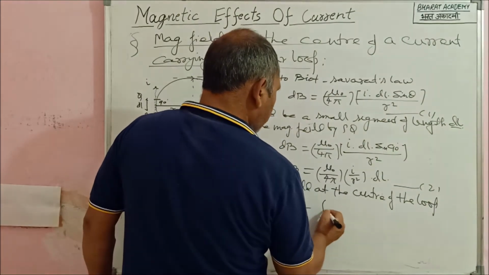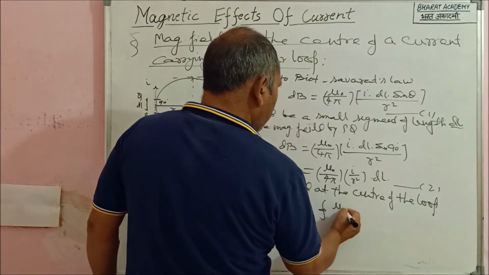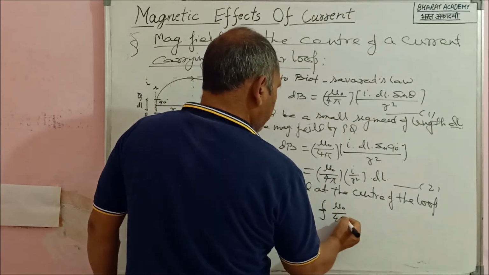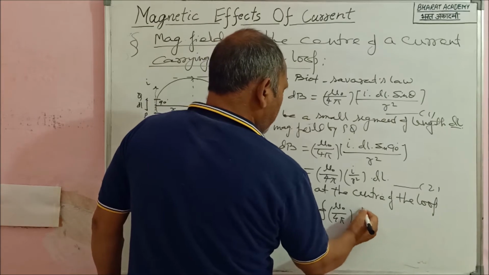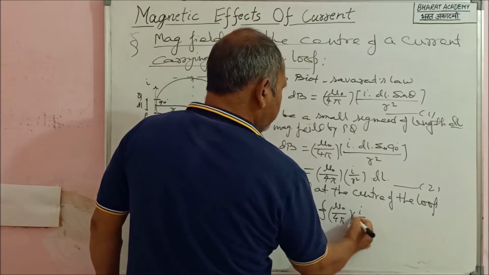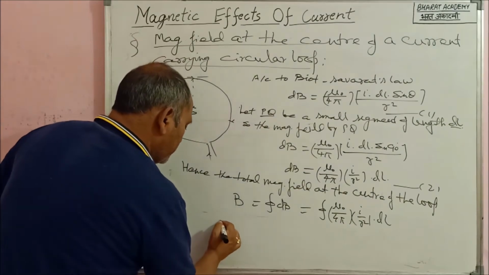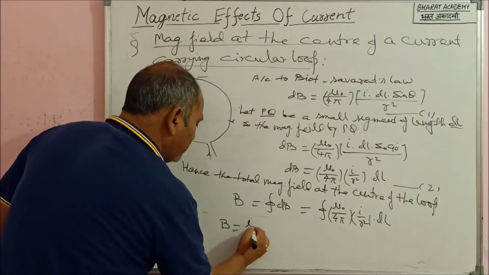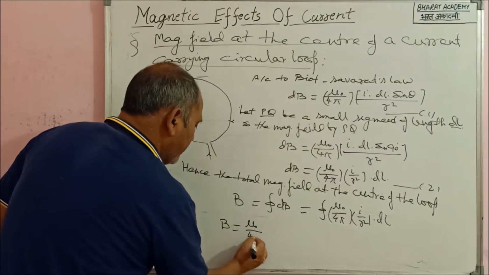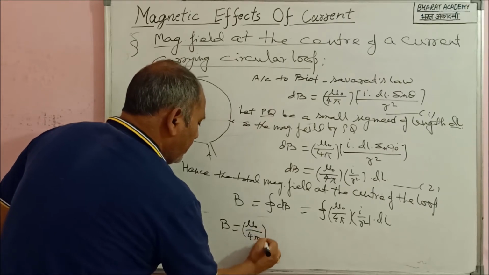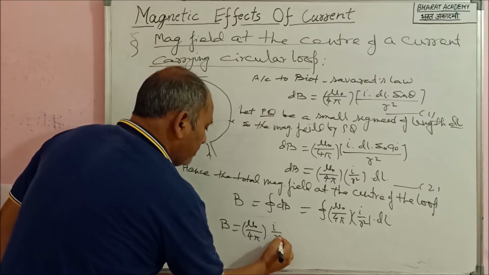So closed integral of dB means closed integral of mu 0 by 4 pi, I by r square into dl. So dl is the only variable, so mu 0 by 4 pi, I by r square can be taken as common.